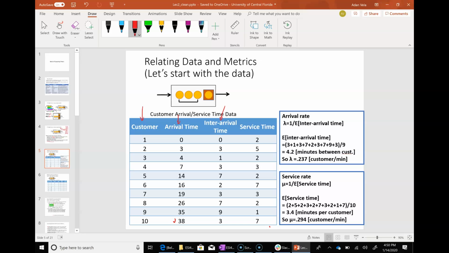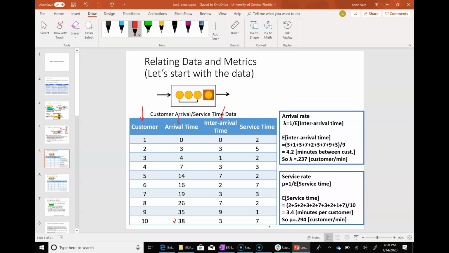This isn't too bad to calculate. If you want to calculate the arrival times, you just do a running addition of the numbers. For example, the arrival time of 14 is just equal to 0 plus 3 plus 1 plus 3 plus 7. Adding that up will give you 14.